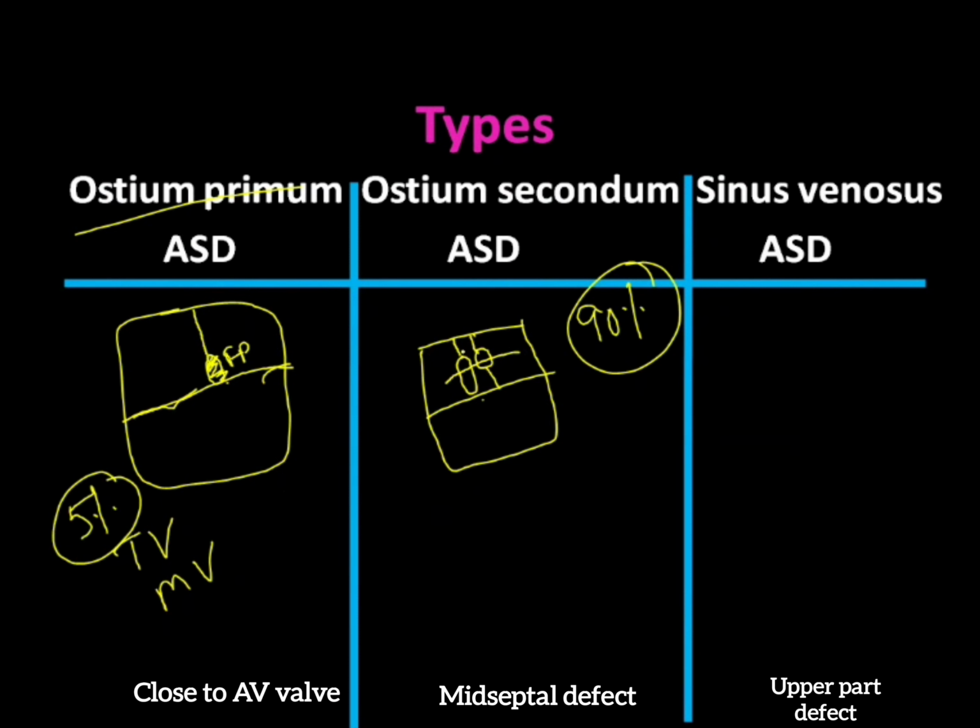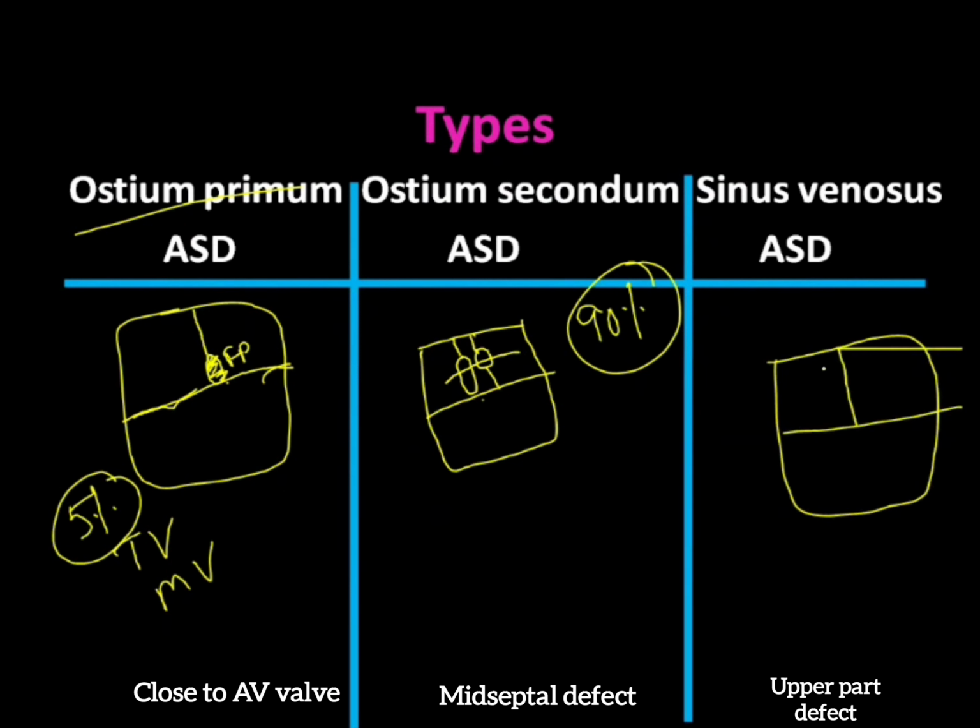The next one we are going to discuss is Sinus venosus atrial septal defect. Now what is Sinus venosus atrial septal defect? When we discuss the interatrial septum, here you have your septum primum, and here you have your septum secundum. Along with this, you also have your superior vena cava, which forms the initial part of your interatrial septal development.